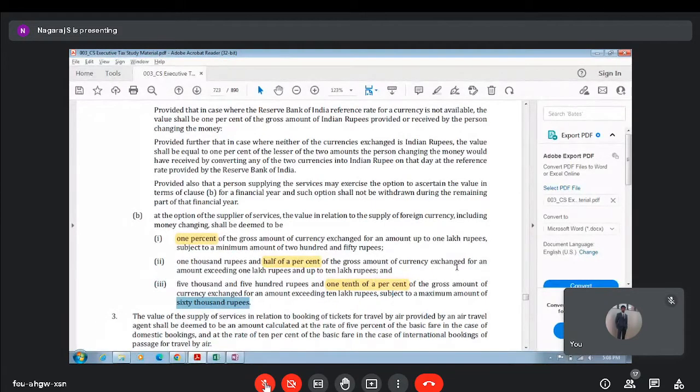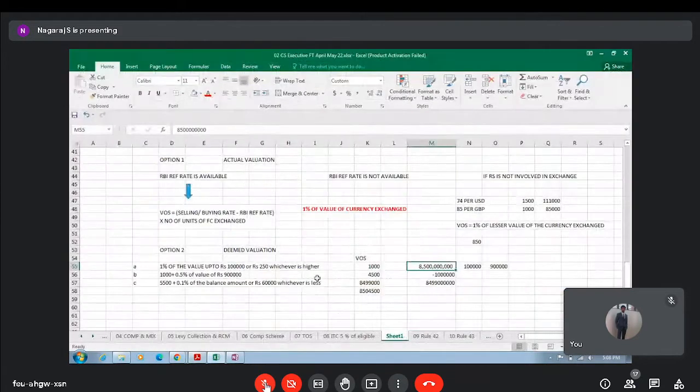That means your total value should not exceed 60,000 value of supply per transaction. What does per transaction mean? Today morning you go to a foreign exchange dealer and exchange 10 lakhs. That is one transaction. Again after 2 hours you go and exchange $40,000.